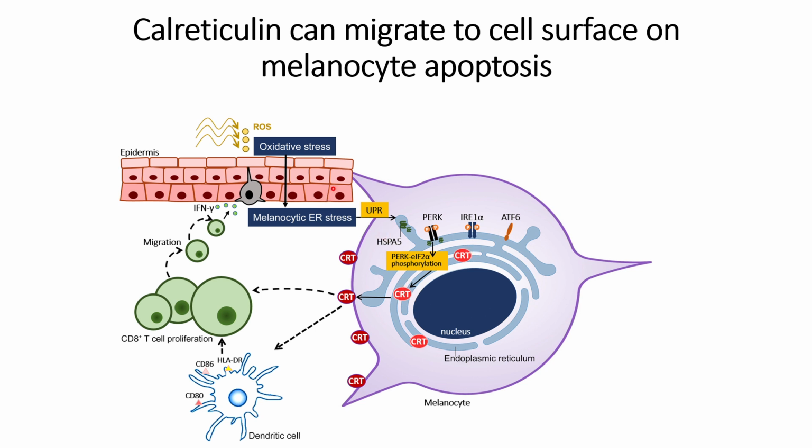However, when oxidative stress occurs, it will trigger melanocytic ER stress, and that will cause the unfolded protein response. That leads to the overcrowding of the endoplasmic reticulum with unfolded protein, and that will trigger one of the three unfolded protein response pathways, that is the PERK pathway, IRE1 alpha and ATF6.